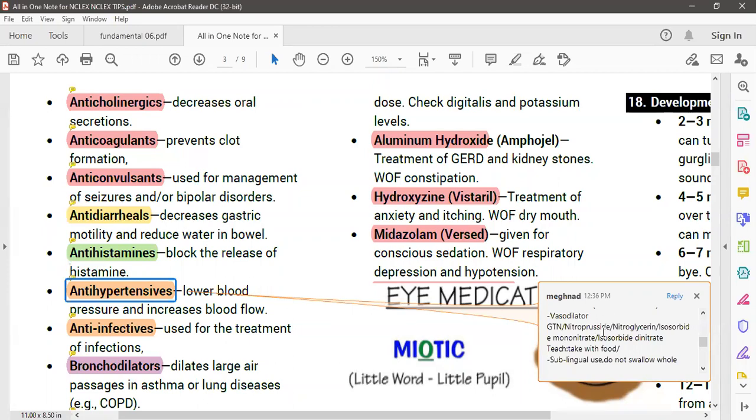They can cause palpitation or tachycardia. They can cause hypotension, dizziness, headache, syncope, and weakness. So if your patient needs to take it, we should educate them.